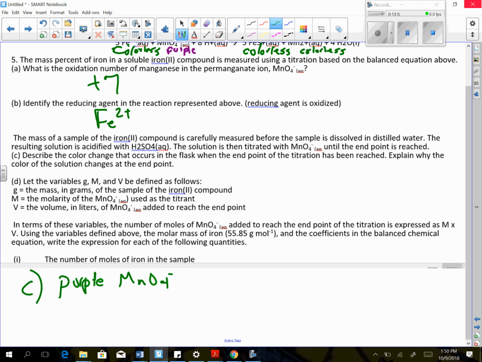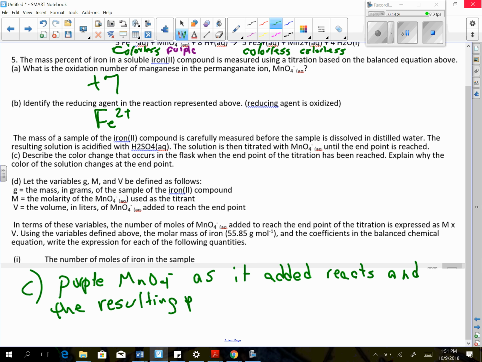Okay, sorry about that. So the purple permanganate ion, as it is added, reacts and that resulting solution is colorless. The resulting products are colorless.